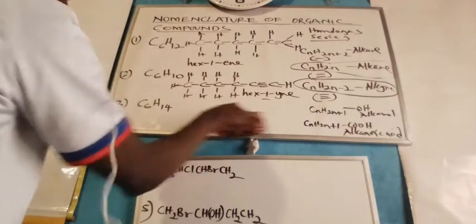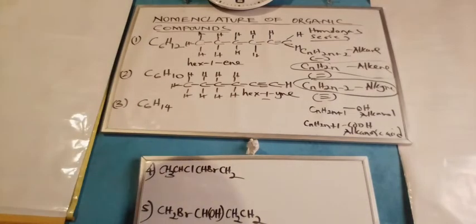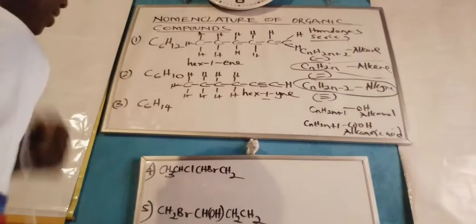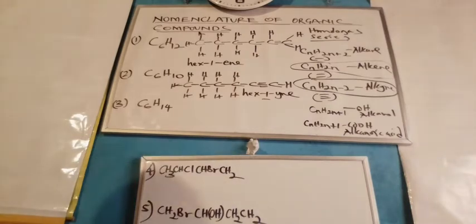Next, we have C6H14. How do we represent C6H14? I can see clearly the number of hydrogens is twice the number of carbons plus 2. That formula corresponds to that of alkanes.